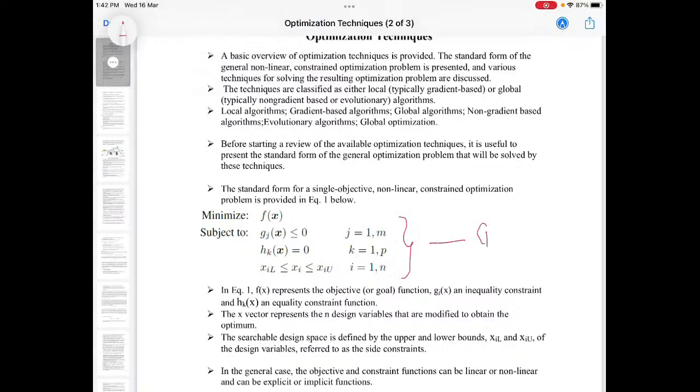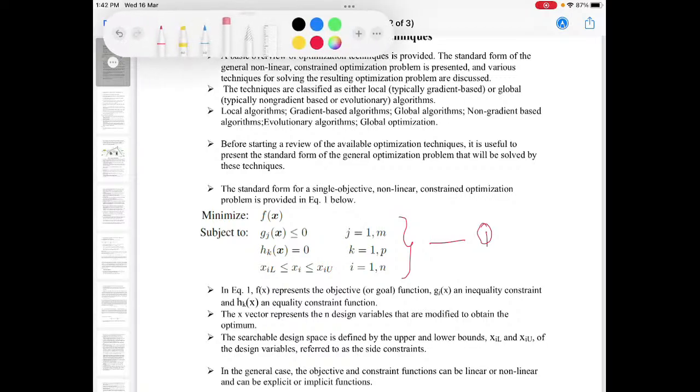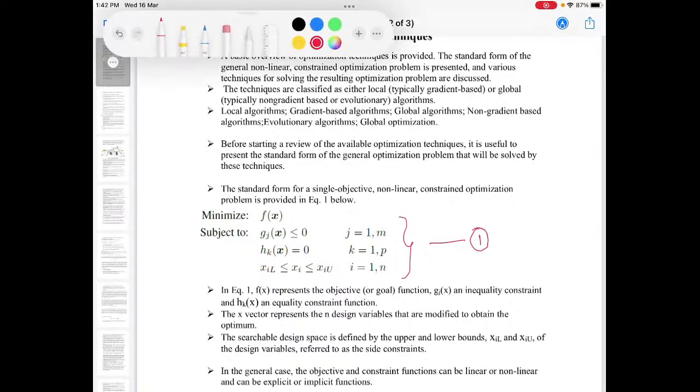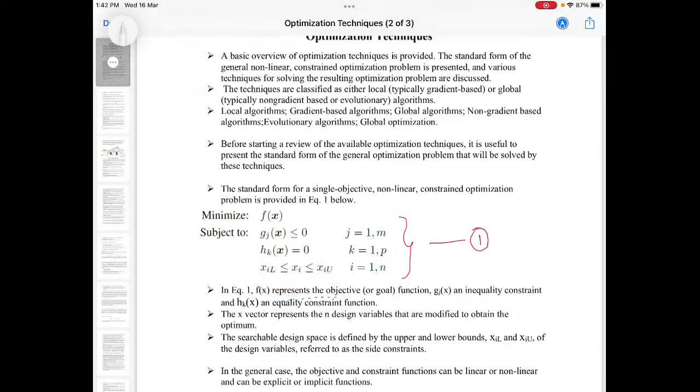So in equation number 1, f of x represents the objective or the goal function. Then gj of x is an inequality constraint, and hk of x is an equality constraint function.